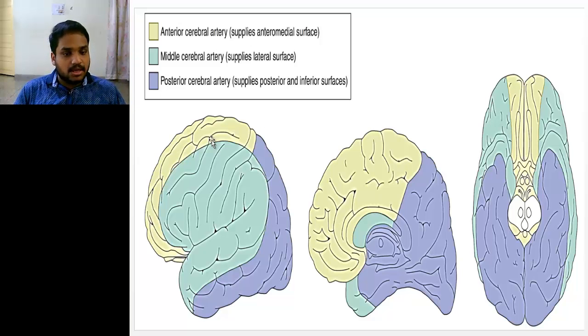Again, the primary somatosensory area is also involved, so there would be loss of cortical sensation over the foot and leg, right? And since the paracentral lobule is involved, the patient would complain of urinary incontinence. And the prefrontal lobe is very important.